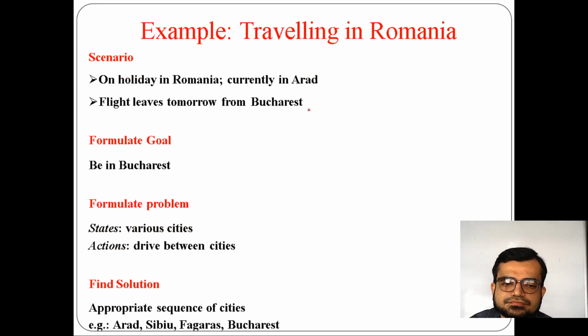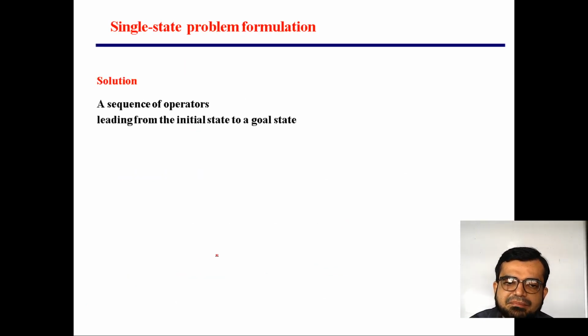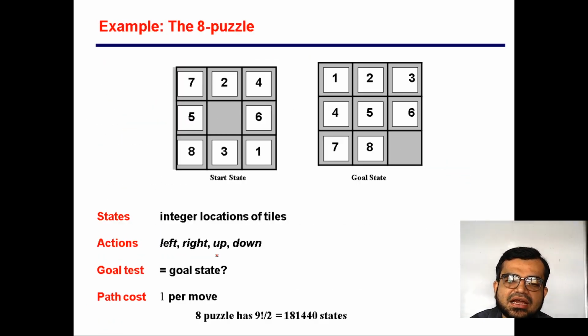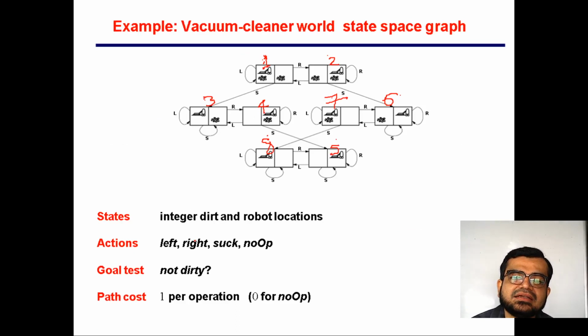So I said the implicit test is no dirt. This is an example of an implicit state space graph.